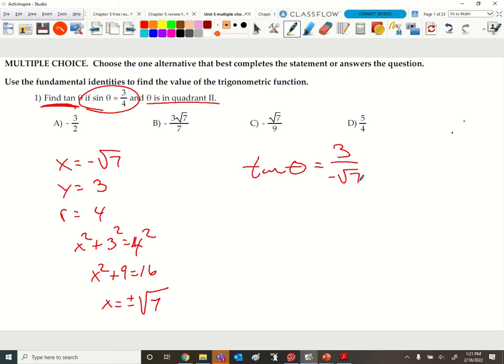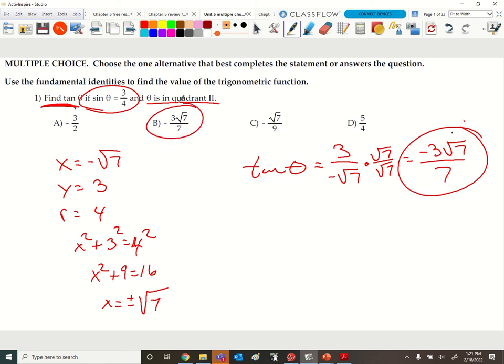No. What's that called? Got to rationalize. And so it's going to be 3 over negative rad 7, times rad 7 over rad 7, which is going to give me a negative 3 rad 7 all over 7. My answer is letter B. Letter B. Yep, right?